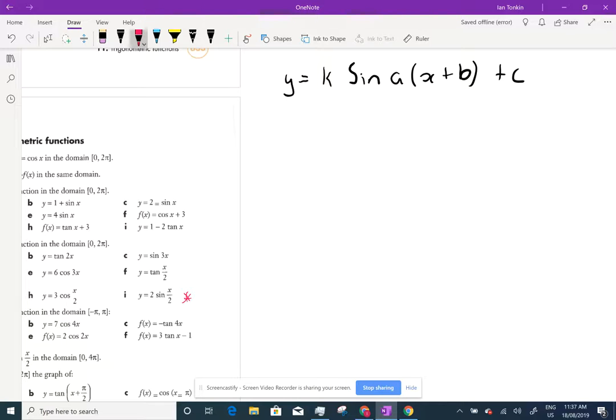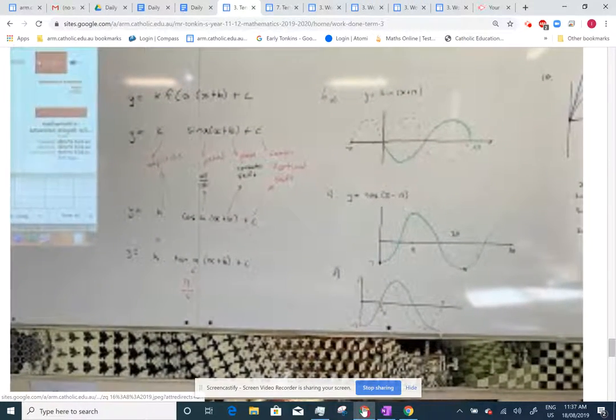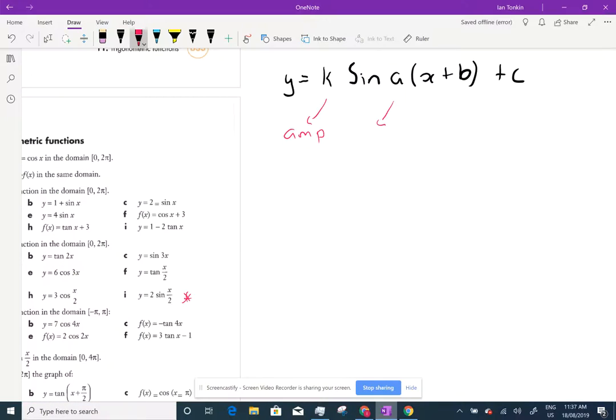And remember what these things do. This affects your amplitude. This affects, using the terminology again, the period, which tells you how many curves you're going to have. The period is, because the normal curve is 2 pi, 2 pi over whatever that number is.